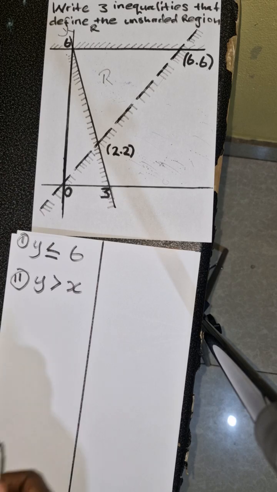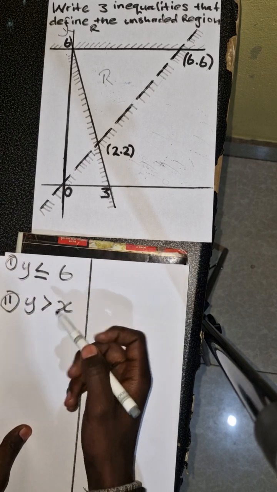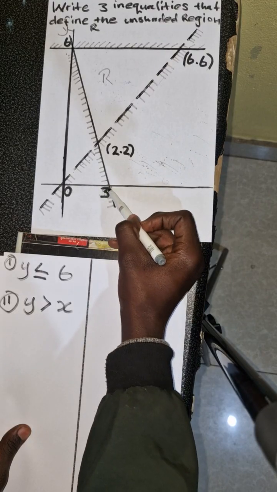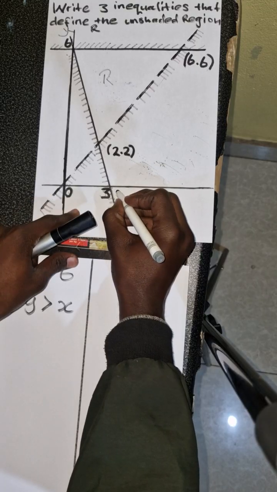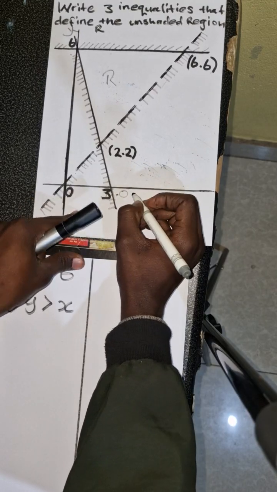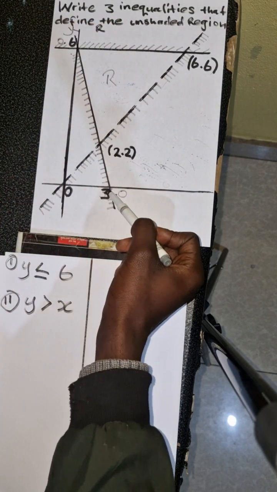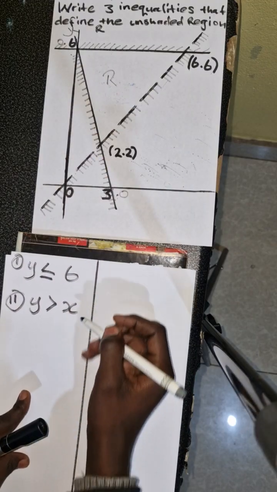Now let me find, so I'll work with 0. I'm going to work with these points here. This point, we know here it's 0. We know here it's 0 also. So I'll work with these coordinates now.